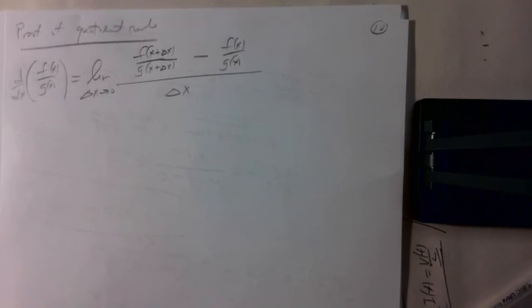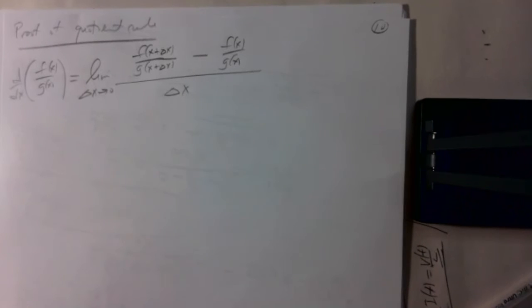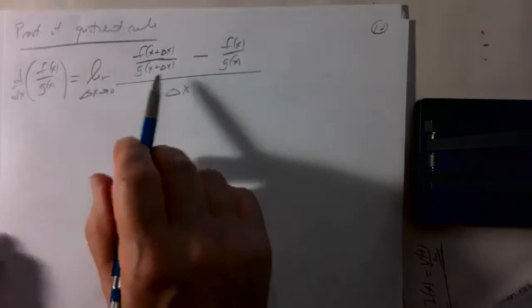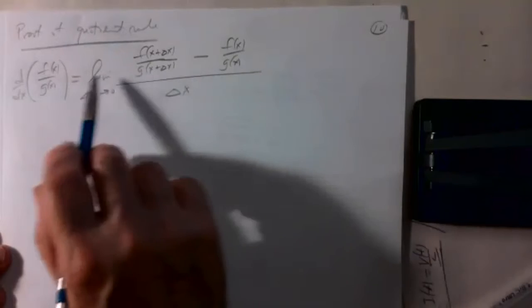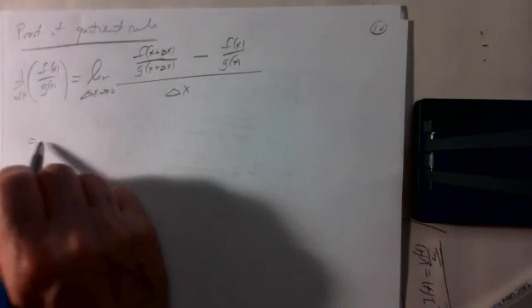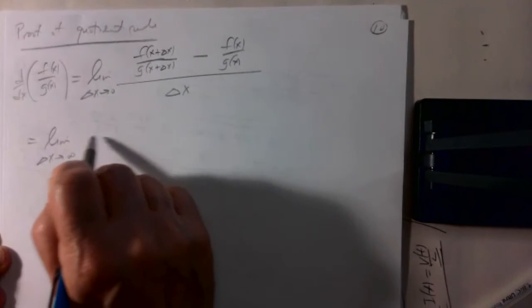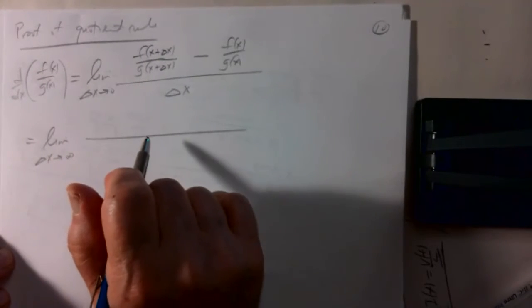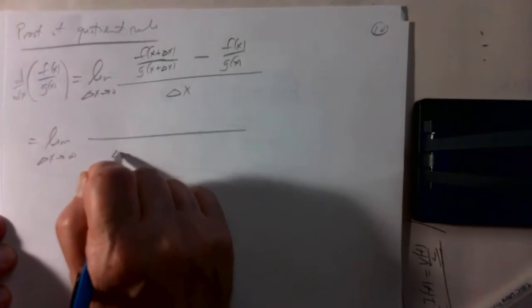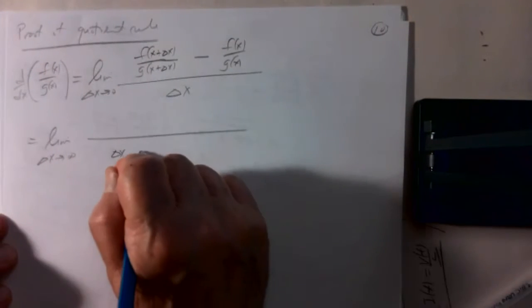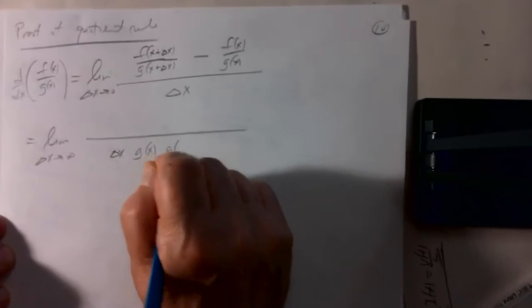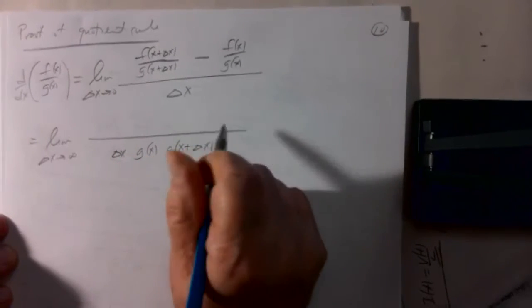And then here we really need to be able to do high school algebra. Right? This is a compound fraction. Let's simplify it. Let's multiply the numerator and the denominator by g of x times g of x plus delta x.